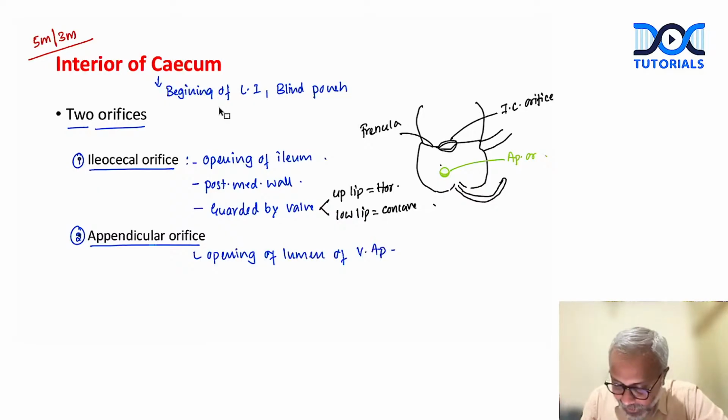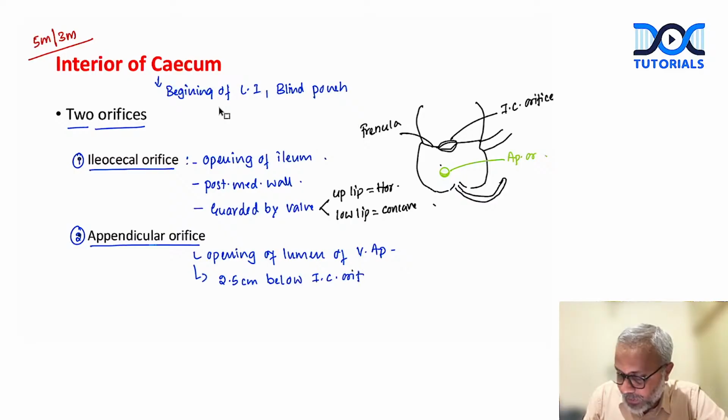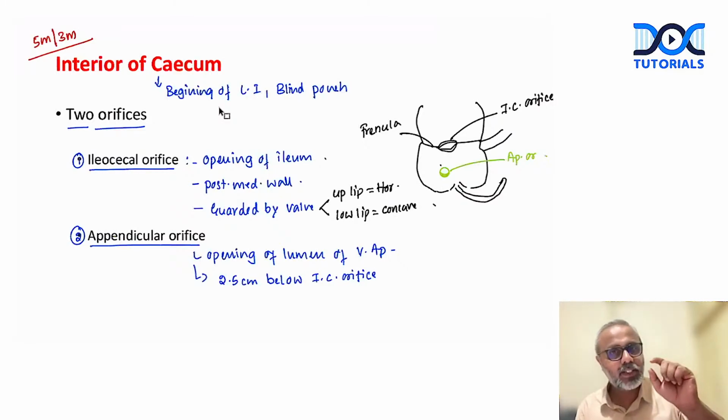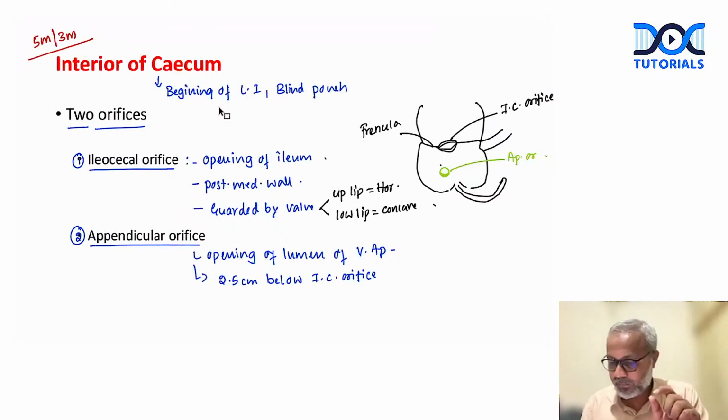Where is it located? It is located about 2.5 centimeters below the ileocecal orifice. Right? The orifice is much smaller. Remember, the diameter of the appendix is very small, right? So this is a smaller opening compared to the ileocecal orifice, right?